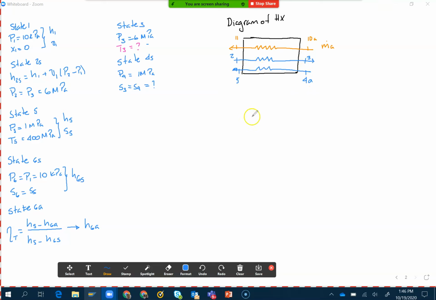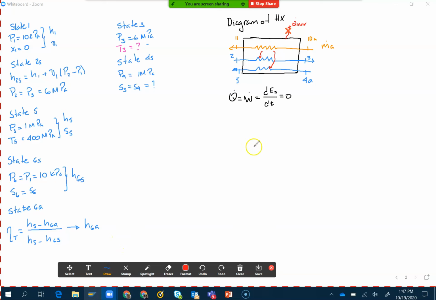So for this heat exchanger, if we apply the first law, all the heat that we have, we want it to go from the air to the steam. We don't want any leak, right? That's something that we simply don't want.